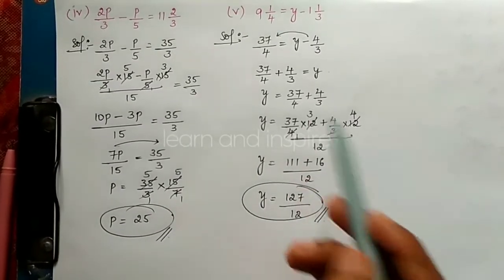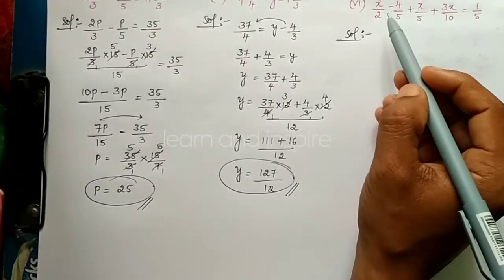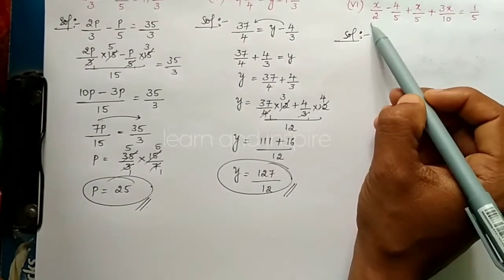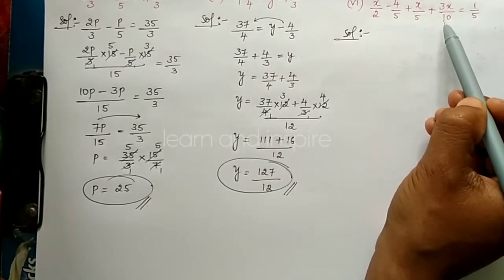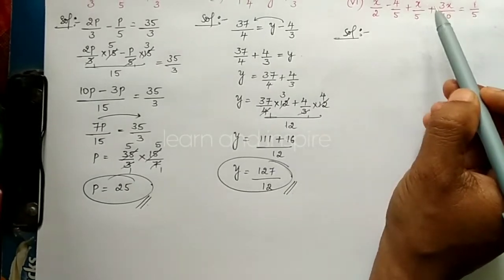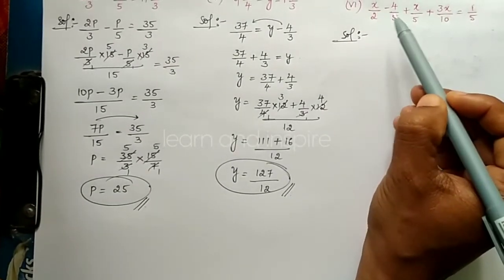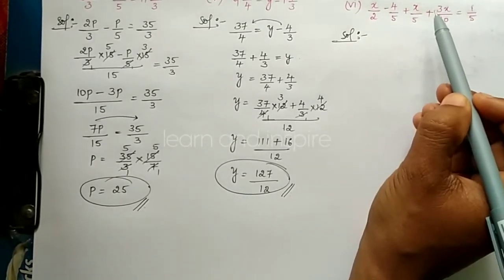Okay, so this is question number 5. Next, question number 6. X by 2 minus 4 by 5 plus x by 5 plus 3x by 10 is equal to 1 by 5. In this equation on LHS we have 4 terms.